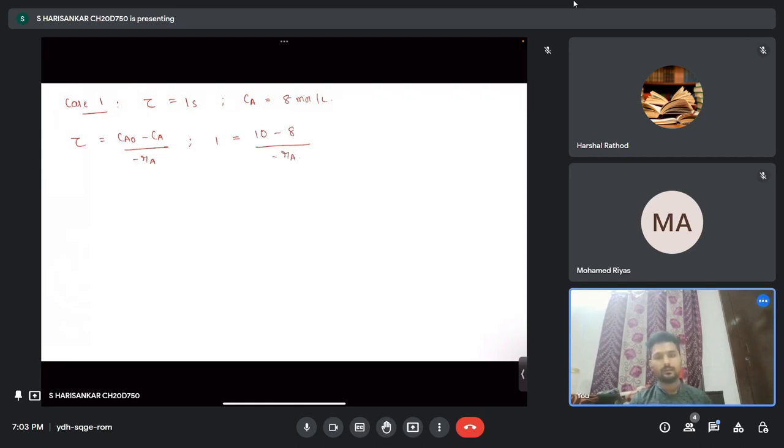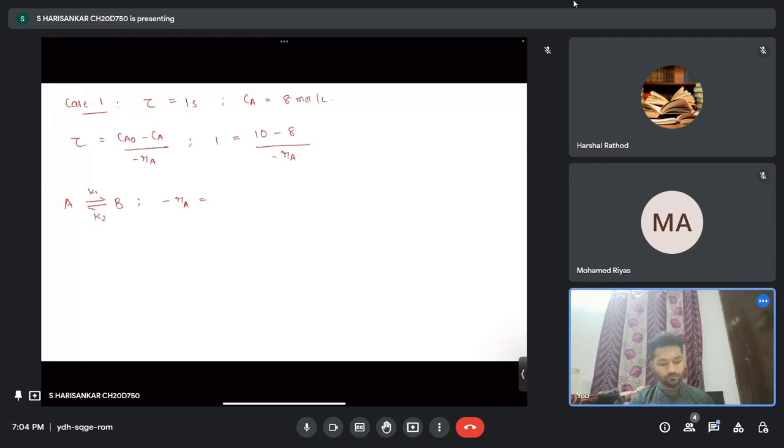Okay. Now let us find an expression for Ra. The reaction here is a reversible reaction, A reversibly giving B, and the reaction rate can be expressed as, let's take the forward reaction rate constant as K1 and the backward reaction rate constant as K2.